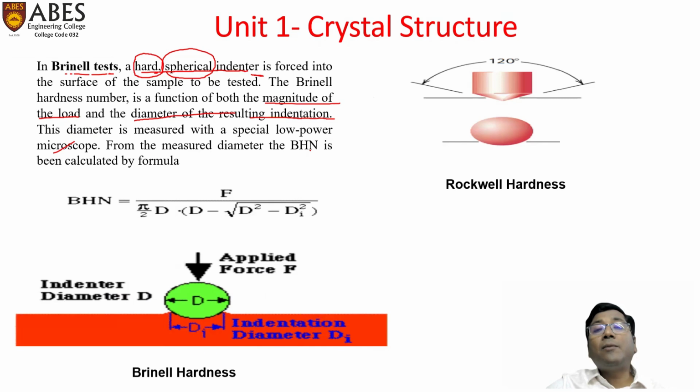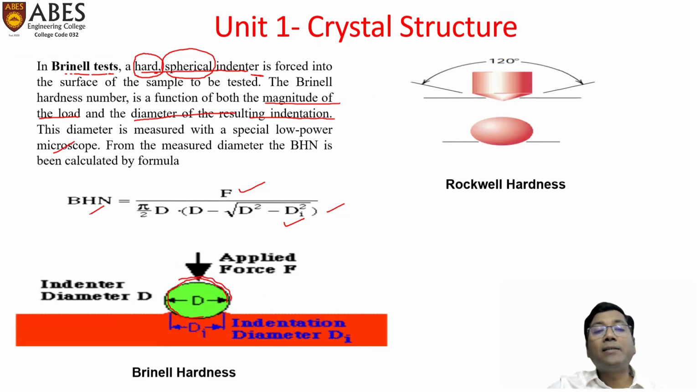From the measured diameter, the Brinell hardness number, BHN, is calculated by the formula BHN equals F upon pi by 2 D into D minus root over D square minus Di square, where capital D is the diameter of the spherical indenter used in the Brinell test.